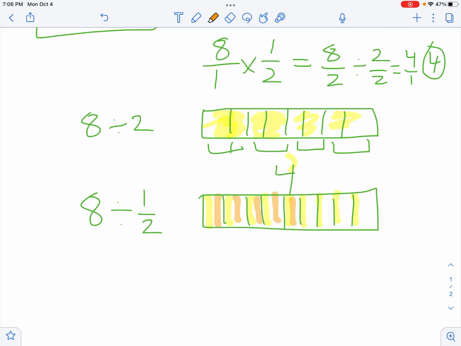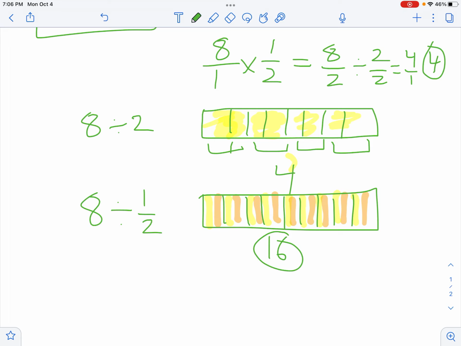So in each one of these 8 boxes, I can fit 2 halves. So how many of these things are there? There are 1, 2, 3, 4, 5, 6, 7, 8, 9, 10, 11, 12, 13, 14, 15, 16. I can fit 16 halves into 8.